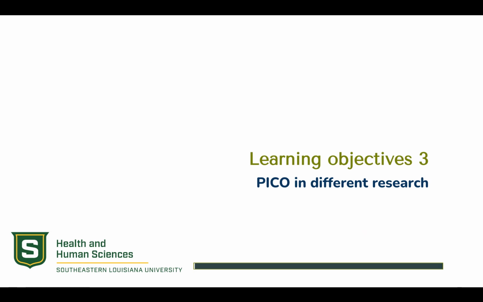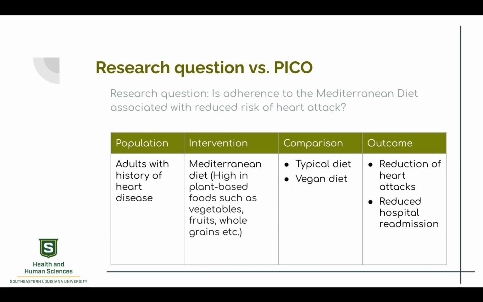So now let us look at a real life example. In this case, we have this question that says, is the adherence to the Mediterranean diet associated with a reduced risk of heart attack? For this research question, the population is adults with heart diseases.